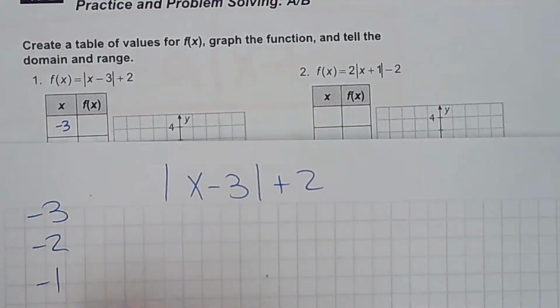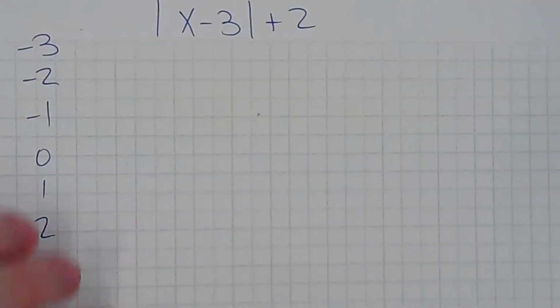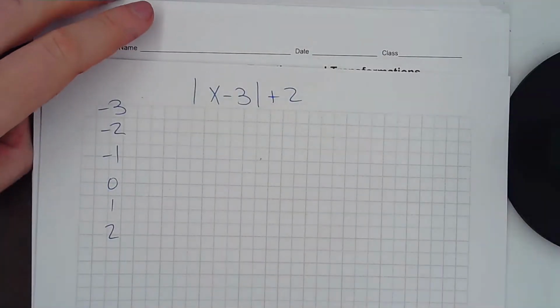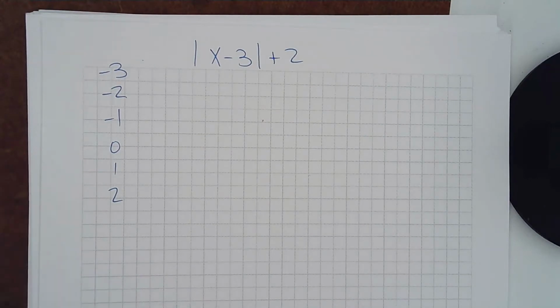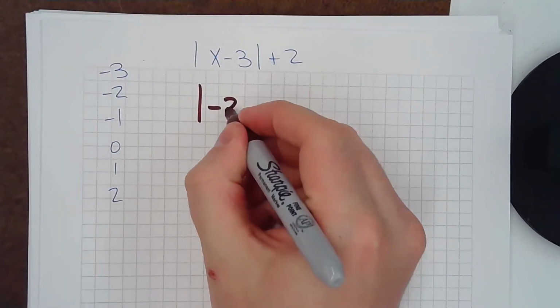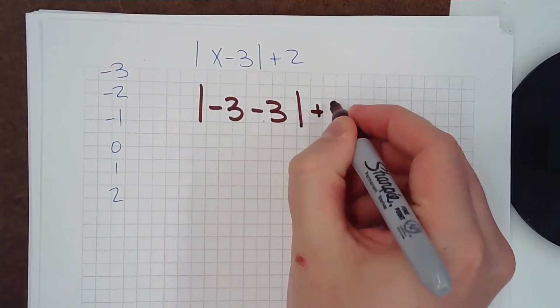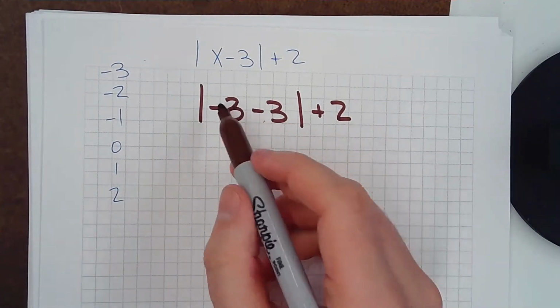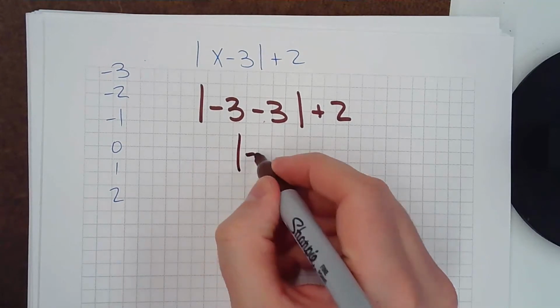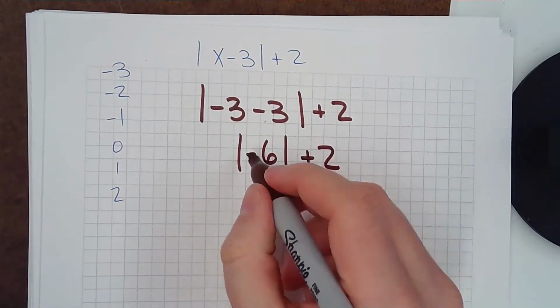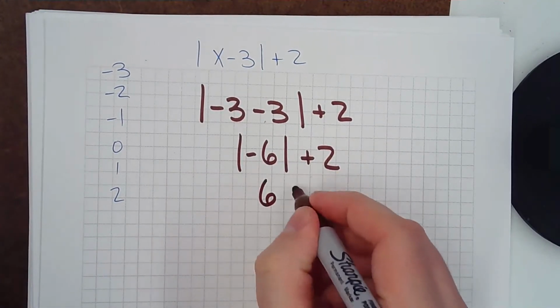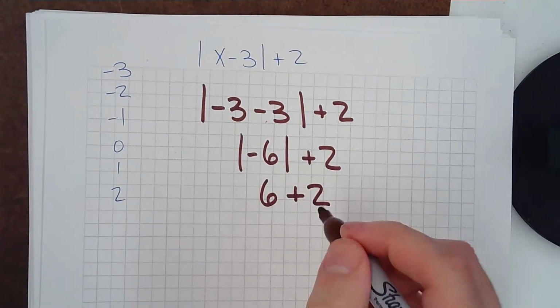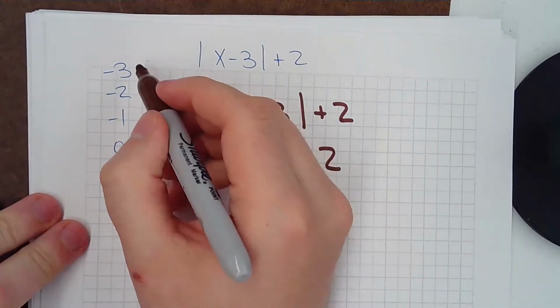So if I plug in -3 here, I get -3 minus 3, which is -6. Then when I do absolute value, I get 6. Well, 6 plus 2 is 8. So -3 gets me 8.